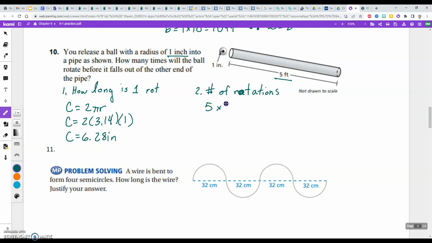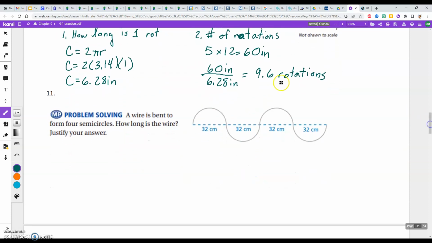So 5 times 12 gives us 60 inches. And what we do then is we say 60 inches is the length it needs to go. How many times does 6.28 go into 60? Well, it goes in roughly 9.6 rotations. So that ball, or marble, will rotate 9.6 times inside that tube.